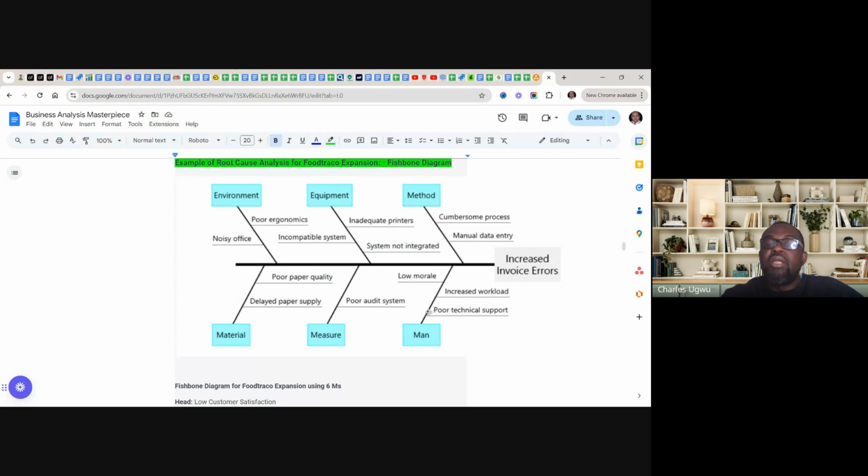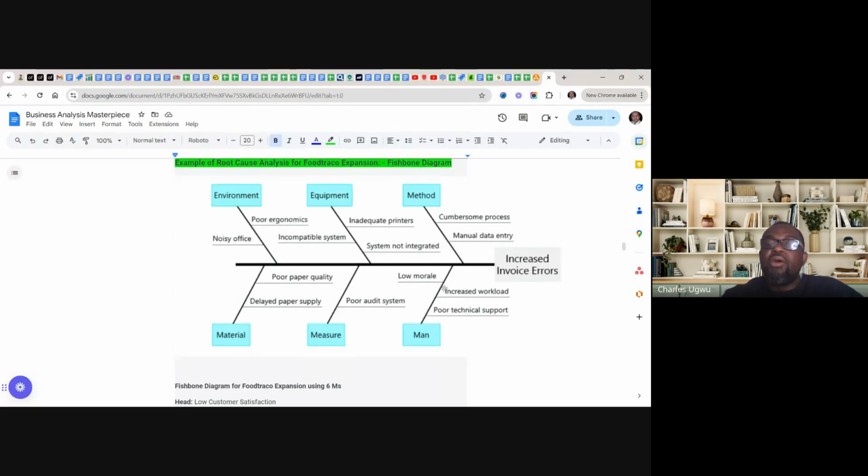That is the method. Then man, this is under human resources, or staff or labor you are using. So this is the invoice data processor or the data entry operator. It can be anybody, but this is the man. Who are those?